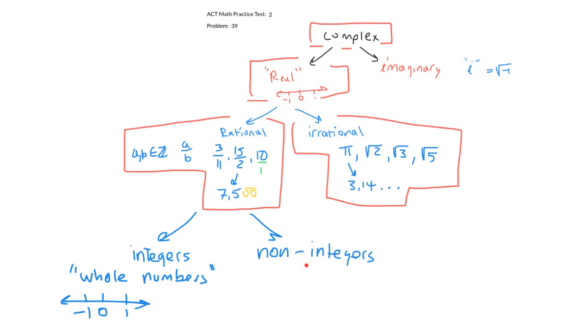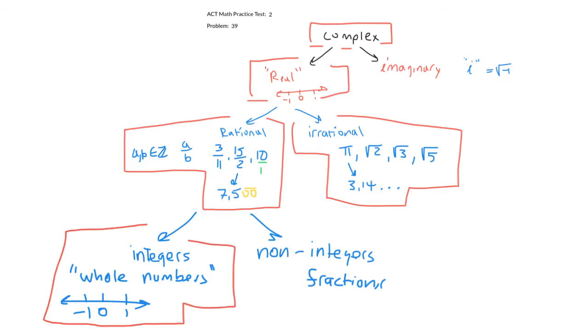All right. Now, what are non-integers? Well, we call those fractions. Okay, fractions. Fractions could be represented as decimals as well, right? So that is a quick overview of the way that rational numbers can be split.